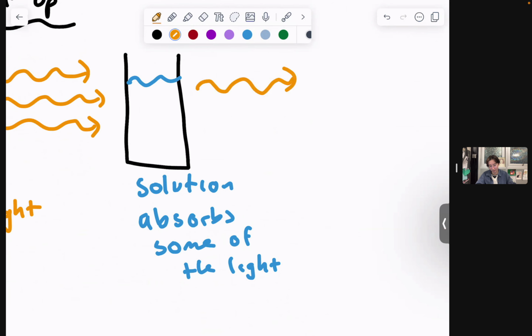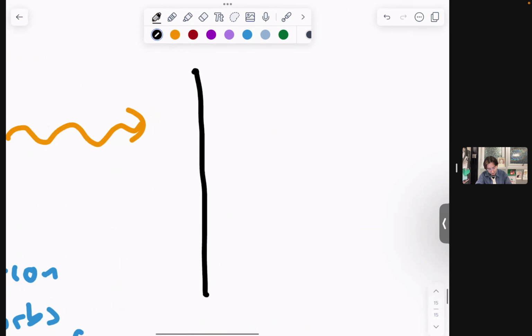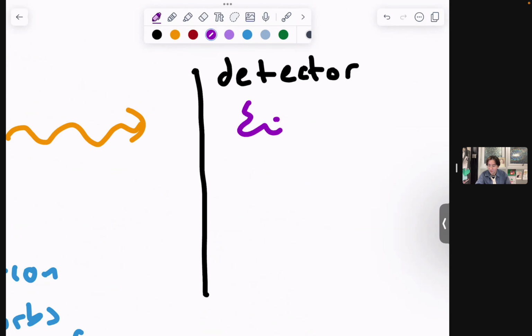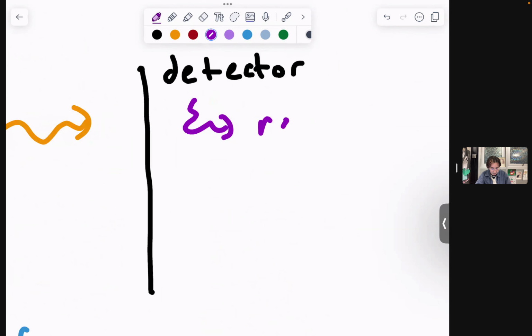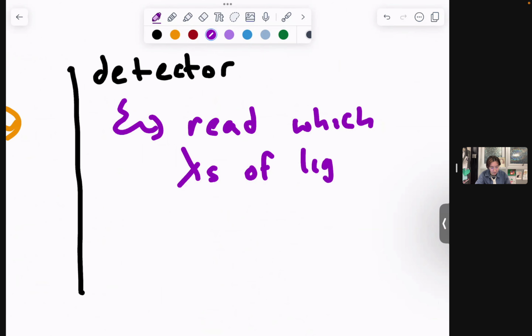And then on the other side of the machine, there's a detector. This detector's job is to read how much light passes through, but the way it's going to report that is reading which wavelengths of light got transmitted.